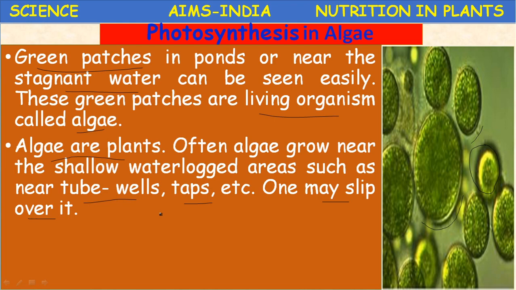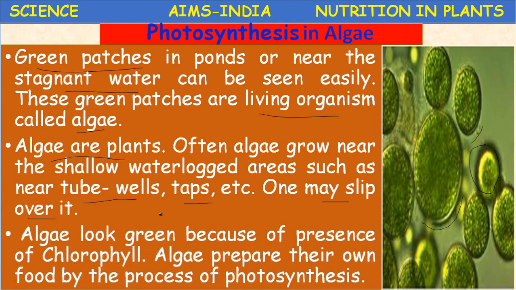Okay, the small spores of these algae, when they fall on the suitable substratum or water, they germinate to form the algae. They are filamentous living organisms, thread like organisms. They live in groups. Okay, algae look green because of presence of chlorophyll.